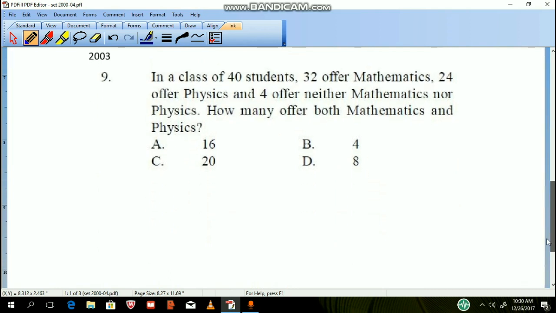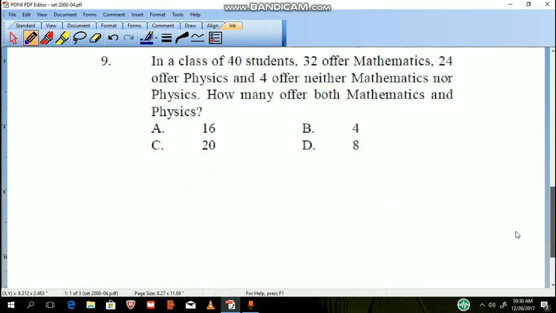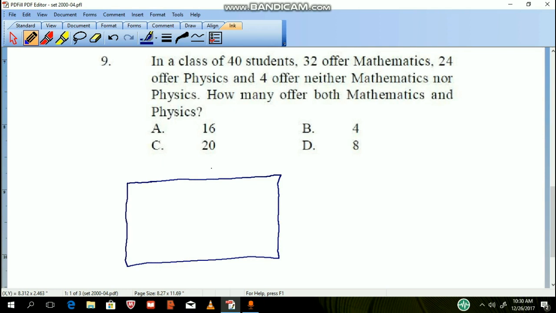2003 question number 9. We are told in a class of 40 students, let's draw the Venn diagram. In a class of 40 students, 32 offer mathematics.